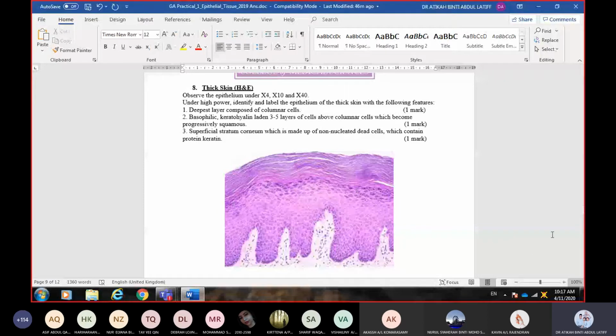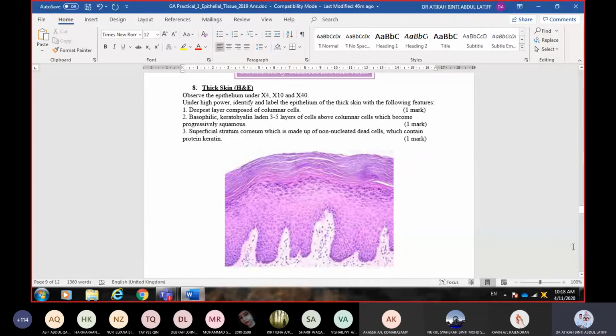And it becomes more squamous, approaching the stratum corneum, which is this very pinkish line as compared to the blue or purplish line below. And the one that is not very compact, which is a bit loose, this is the keratin.